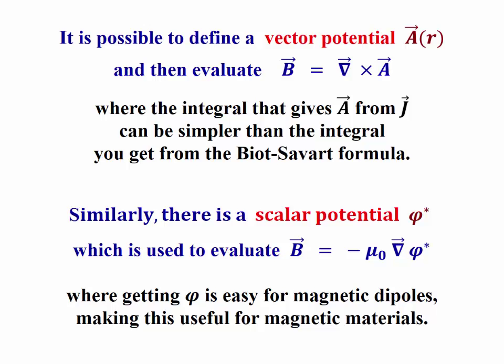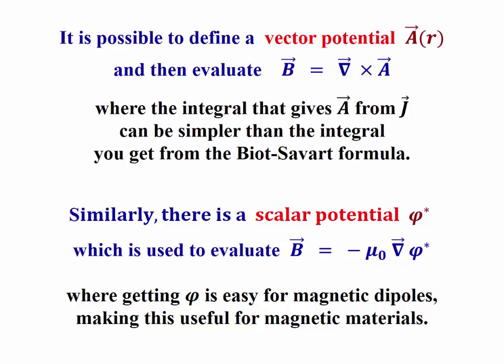The idea is like the potential that you have for electric fields, except it's now a vector potential, and you get the magnetic field by taking the curl of that vector potential A. It turns out that you can get that vector potential from an integral over a current distribution that is often simpler than the integral you would use for the Biot-Savart formula. That makes it an advantageous technique.